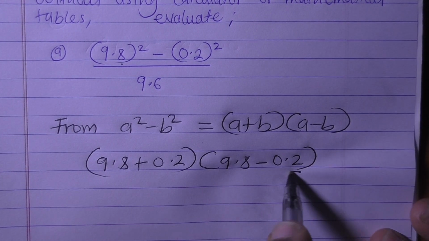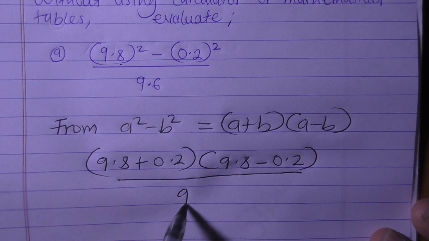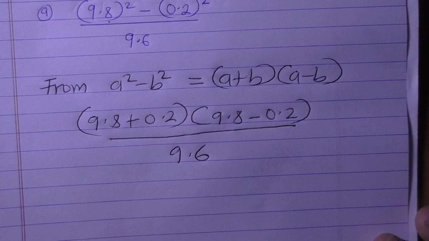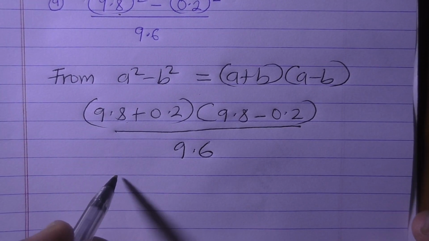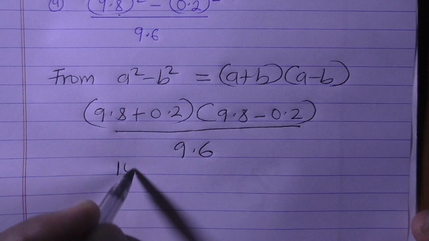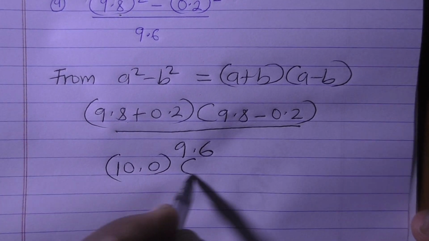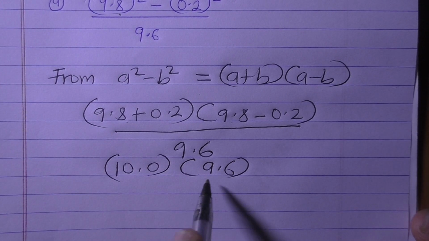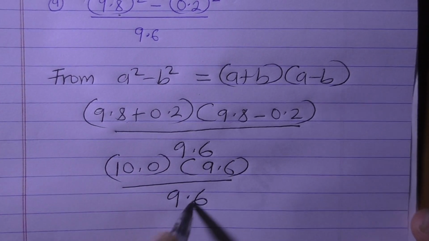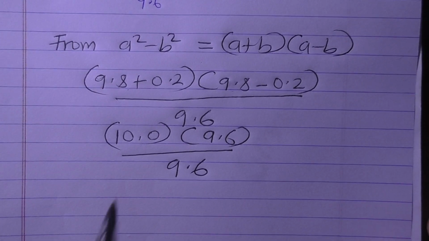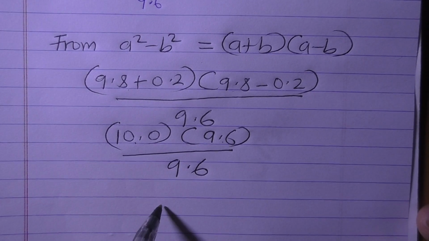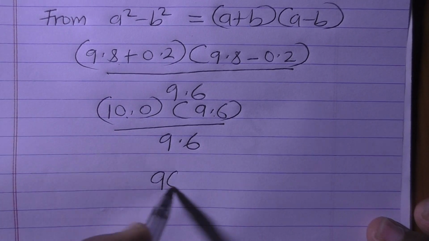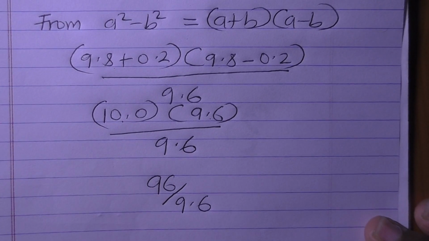However, it is over 9.6. So when we add here, we shall get 10.0 into, when we subtract, we get 9.6 over 9.6. So that gets us 10 times 9.6, which gets us 96 over 9.6.